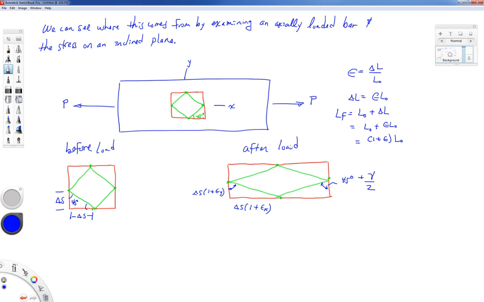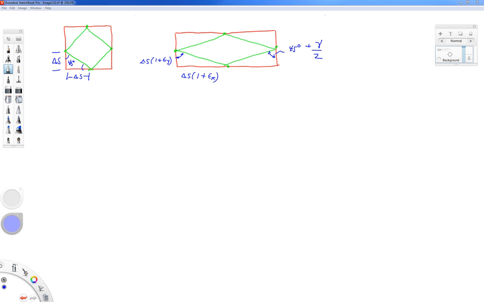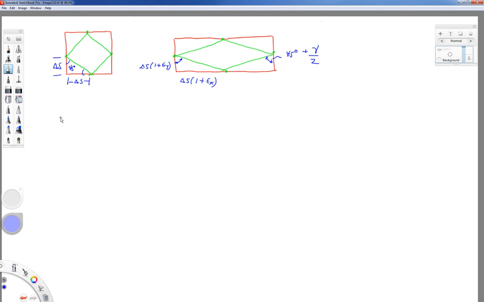All right. Now we're going to do a little bit of manipulation, a little bit of algebra. Let's look at the tangent of the angle after it's loaded. So we're going to look at the tangent of 45 degrees plus gamma over 2. Okay, so it's either this angle or this angle.